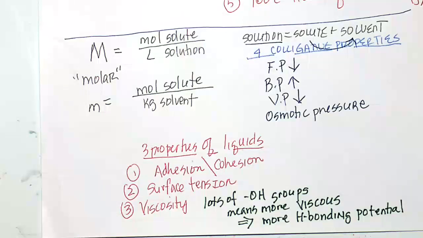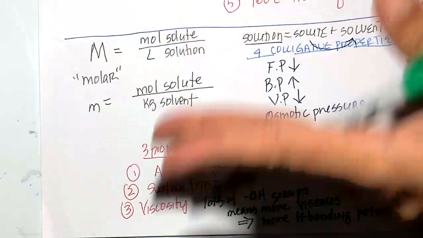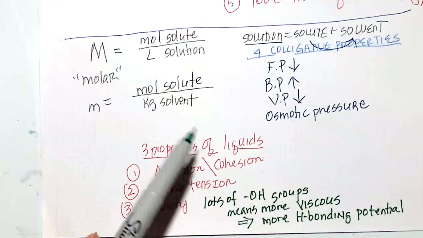So that's some short answer questions for you guys. Let's also talk about a couple of other things here in terms of short answer and multiple choice. Are there any questions on this?